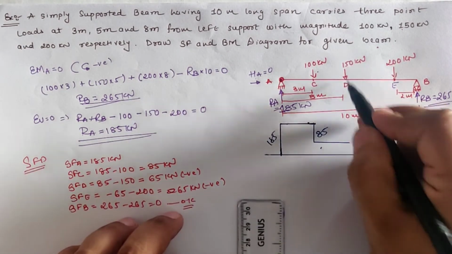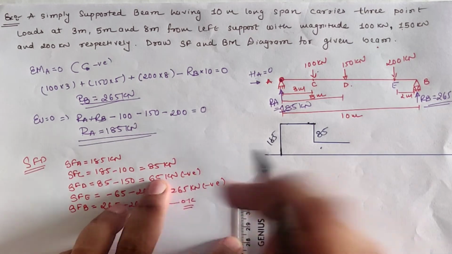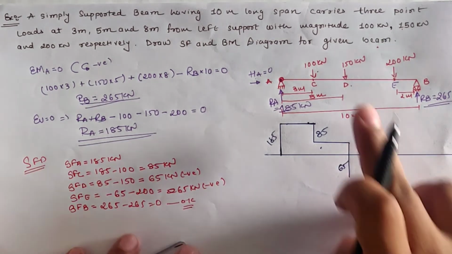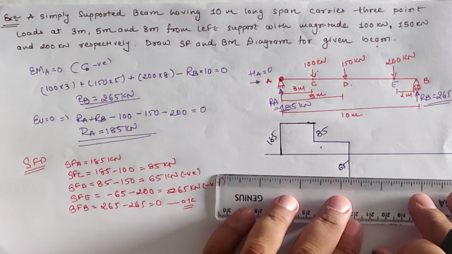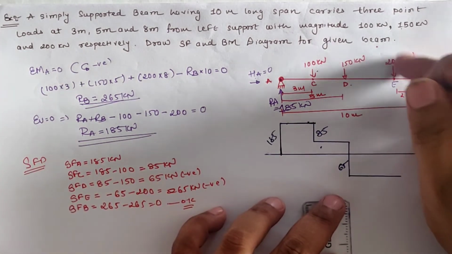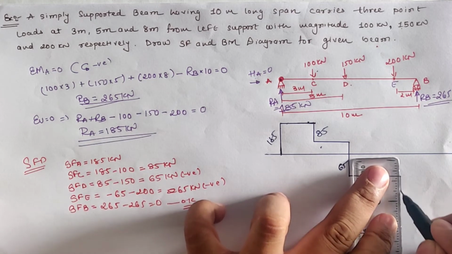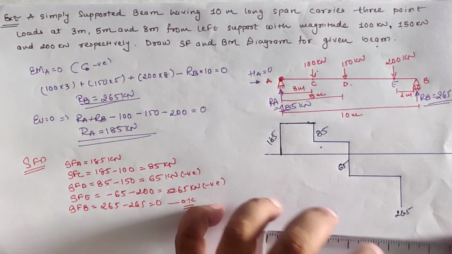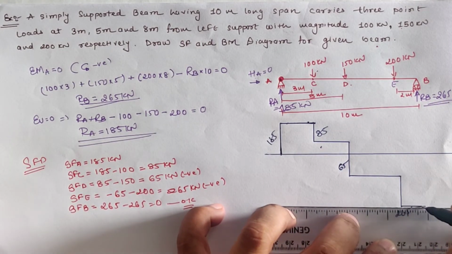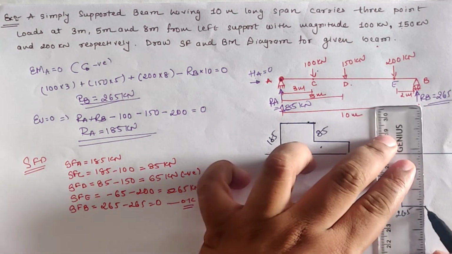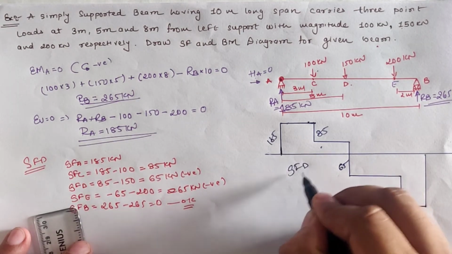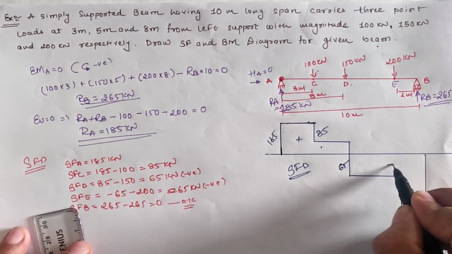At D, the downward 150 kilonewton load, so the value is minus 65, in the negative direction. From D to E, absence of loading, we have a horizontal straight line. Now at location E, 200 downward load, so it is minus 265 in the downward direction. Then with the absence of loading, a horizontal straight line, and at location B the value is 0. So the diagram indicates the shear force diagram of the given beam with positive and negative values.